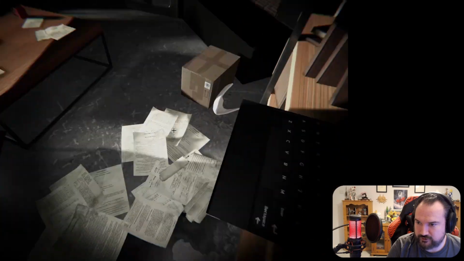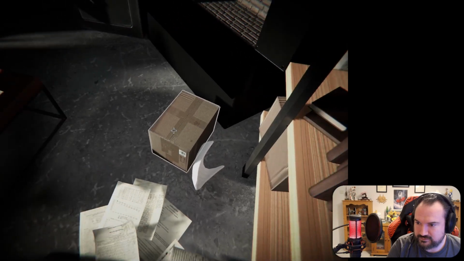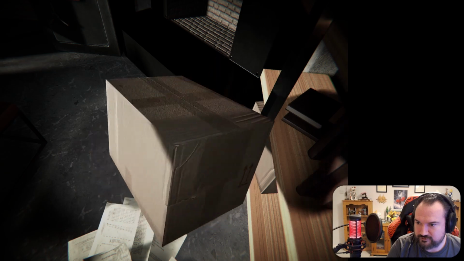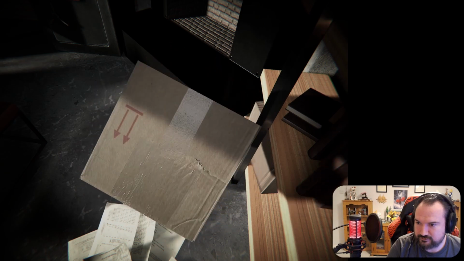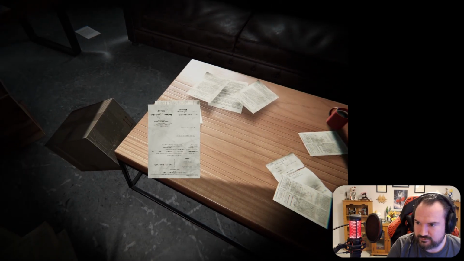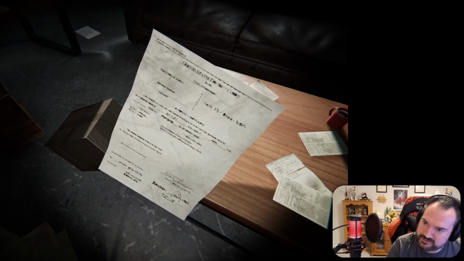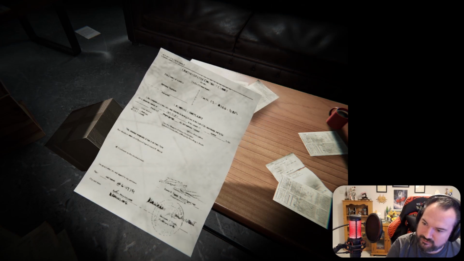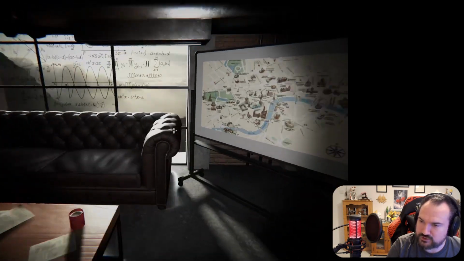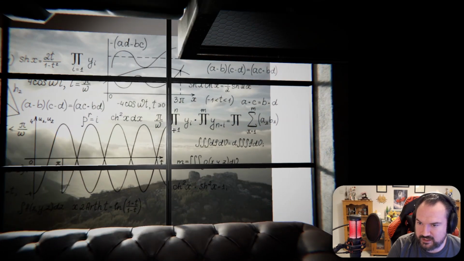Feels like we should be able to unfurl that, you know? Or if I look at a box, does it have a delivery address? It does not. United States... something or other. So he's doing something with the United States. Most of these pages are not legible, though. I'm assuming we're not supposed to do anything with these.